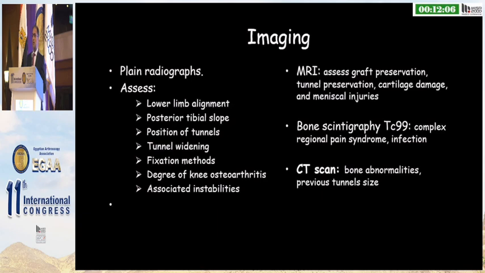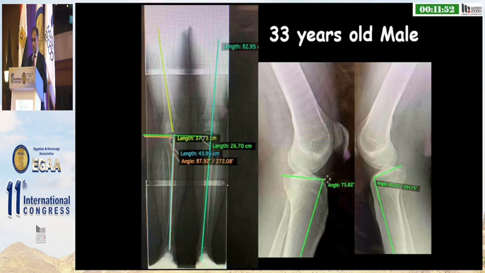And we need to get the MRI to assess the graft, the cartilage damage, and the meniscal tear, and the CT scan to assess the tunnels and bone loss so we can address it.